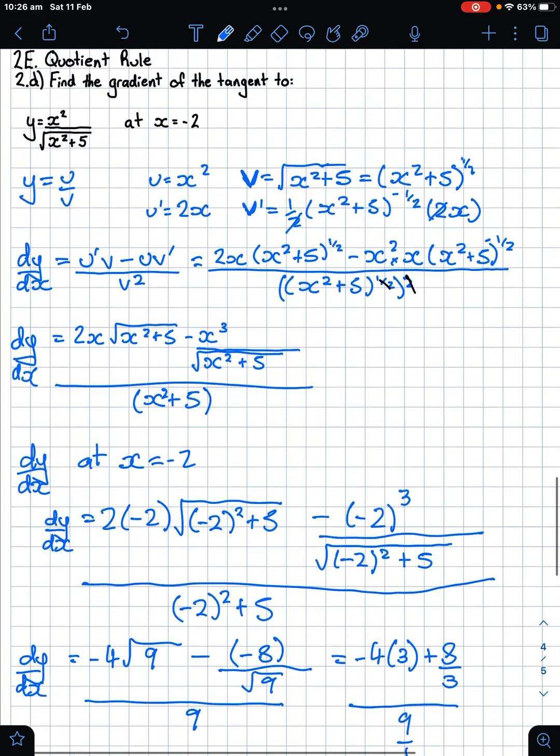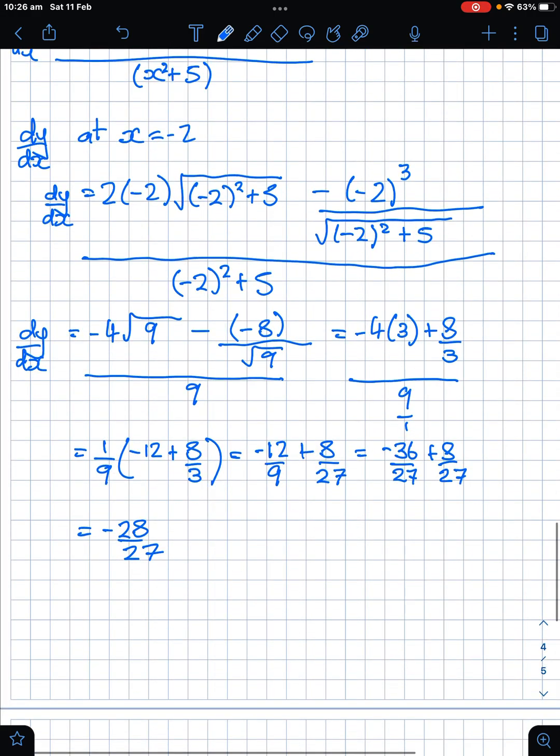I don't actually have my graphics calculator on me at the moment, otherwise I would quickly double check that. As I said, graphics calculator, graph, and then trace with your derivative turned on will give you a quick check.